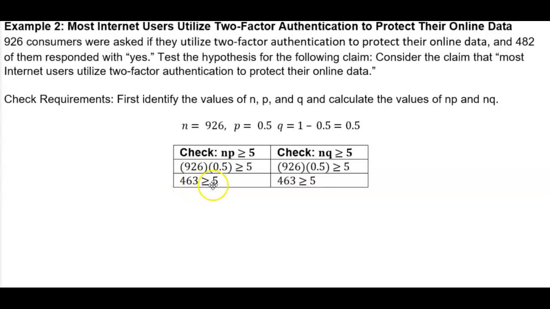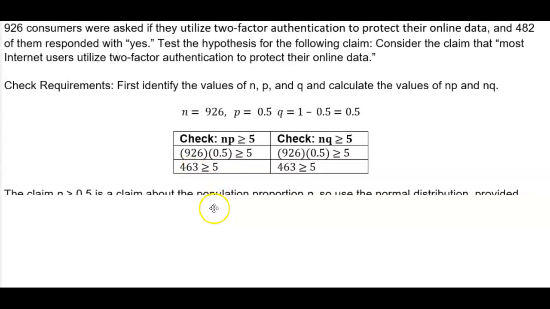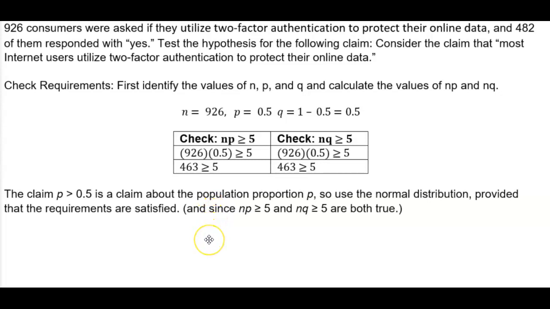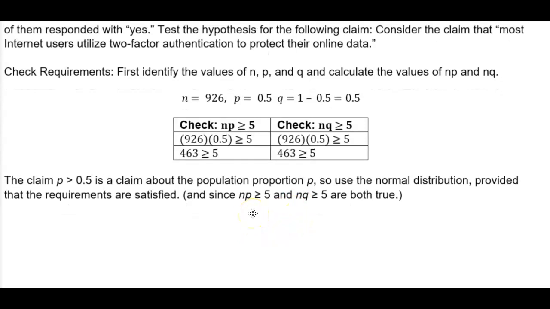And 463 is greater than 5, so we would say that the claim, meaning that most internet users, in this case the proportion, is greater than 0.5, is a claim about the population proportion P. So we can use the normal distribution provided that the requirements are satisfied. And since N times P and N times Q are both greater than or equal to 5, we can then proceed.